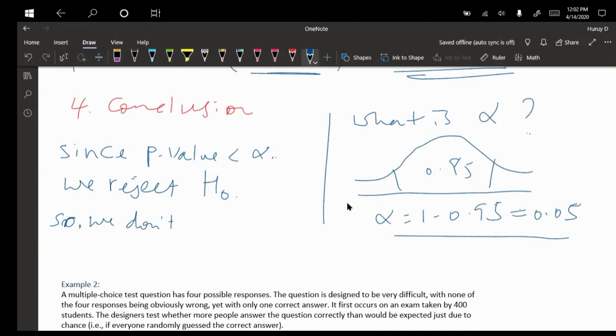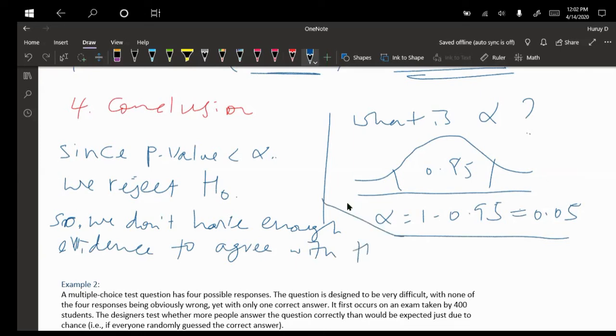So we don't agree, or we don't have enough evidence to agree with the DMV claim.